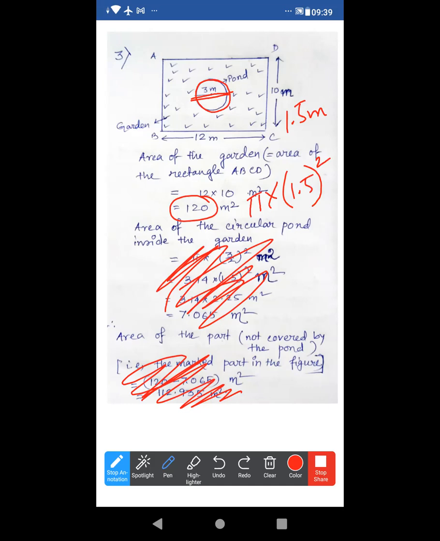That is 3.14 into 2.25. Now the normal multiplication. This multiplication will take a little time probably. I'll show you the decimal multiplication.